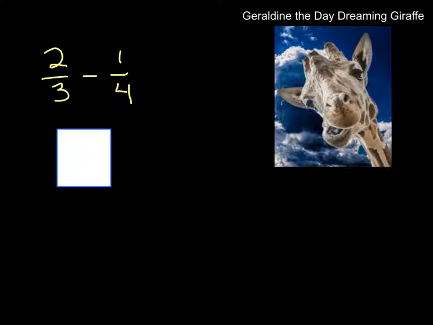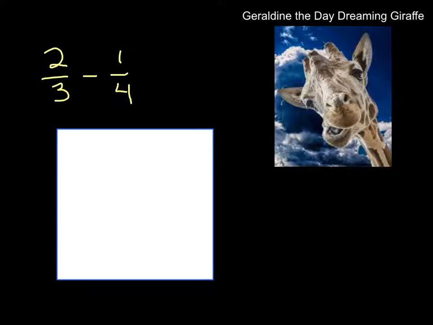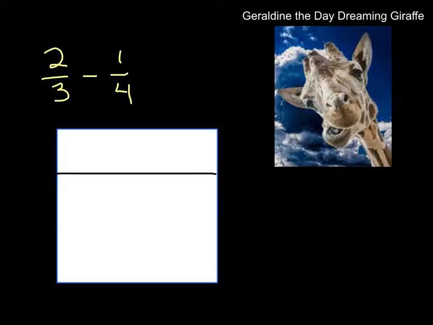And here we go. I'm going to make a nice little box here that I can work with. Now if I have 2/3 of the day, that means I need to break this fraction box into 3 parts, which means I'll draw 2 lines. So I'm going to go one line right here and a second line right here. This is telling me that I have 2 out of 3, right?